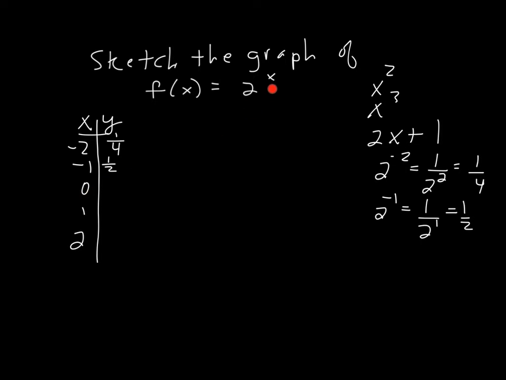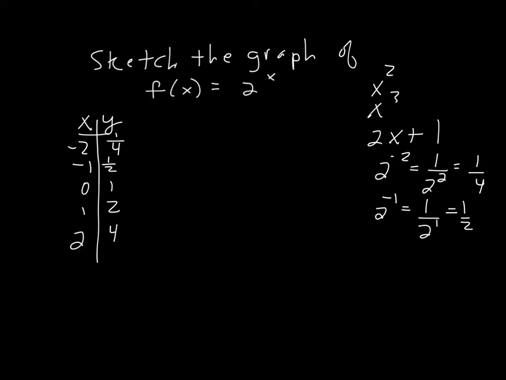Anything to the power of 0, you need to know this right now and forever: 2 to the 0, anything to the 0 equals 1. That's just a rule. 2 to the 1, now we're going to put a 1 in there, so 2 to the first power is of course 2, and 2 squared is 4.